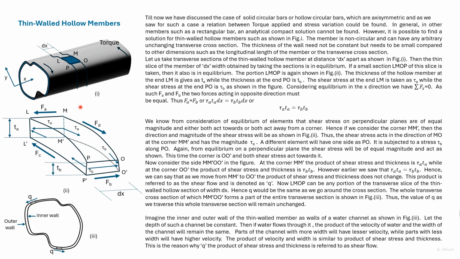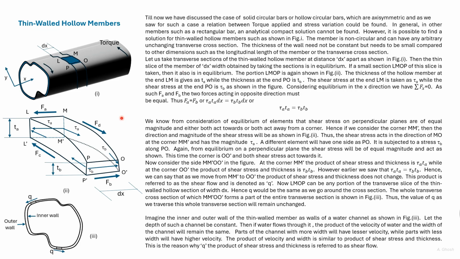The width is dx of this portion. Let the shear stress acting on LM be tau A, and the shear stress acting on the opposite end OP be tau B.